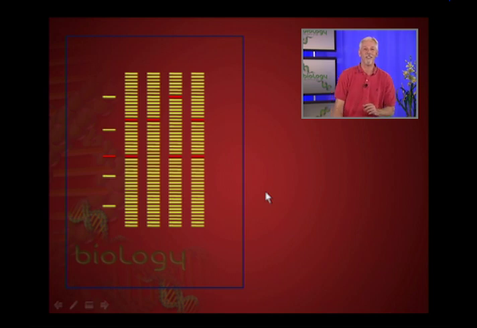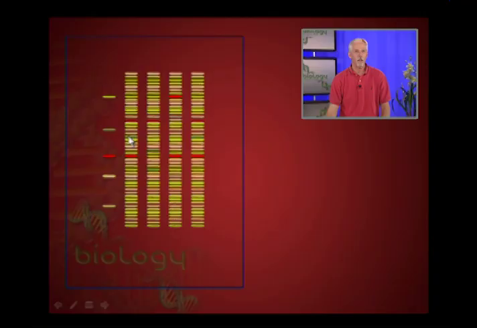You would use a probe to target that VNTR where you've cut on either side and produced restriction fragment length polymorphisms, RFLPs, that are different fragment lengths based on those VNTRs. And so again, if we probe for that, we would have an individual here that's homozygous for those particular VNTRs, heterozygous for the VNTRs, heterozygous for the VNTRs, and homozygous for the VNTR.